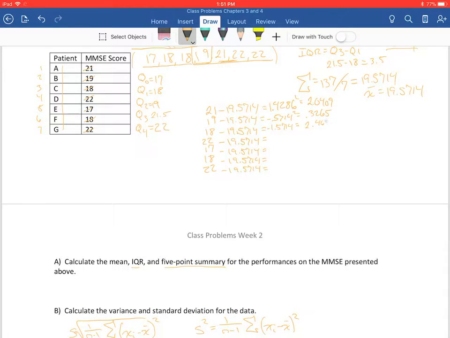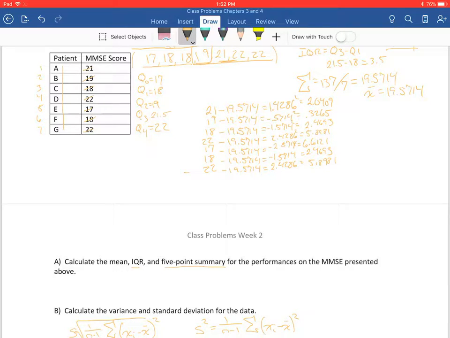Squaring, you get 5.8981. This one is negative 2.5714, which squared equals 6.6121. Negative 1.5714 squared equals 2.4693, then 2.4286, and 5.8981.